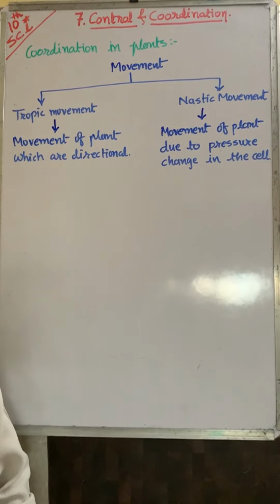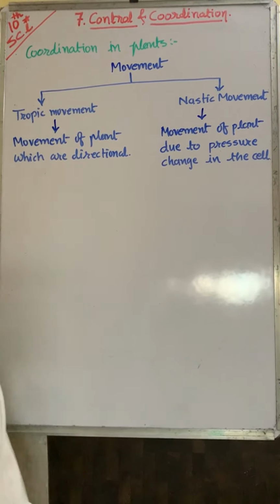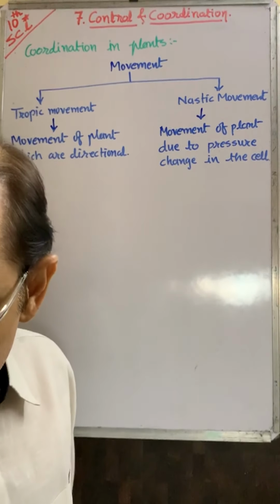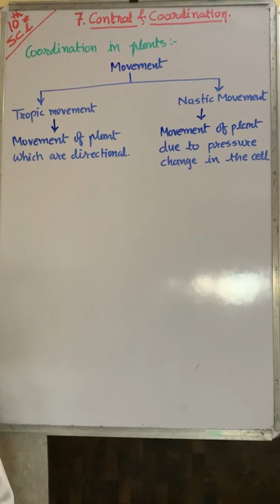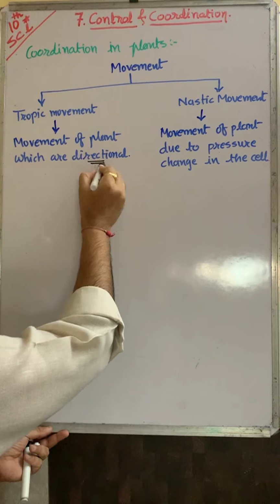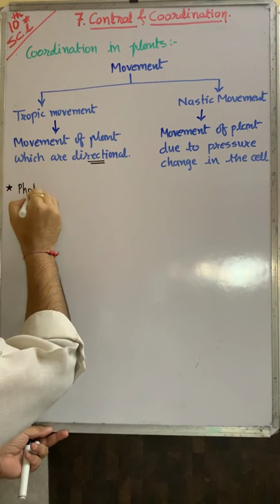Now first we start with tropic movement, after that nastic. Nastic is very simple, but see here, tropic movement: the first is phototropism.